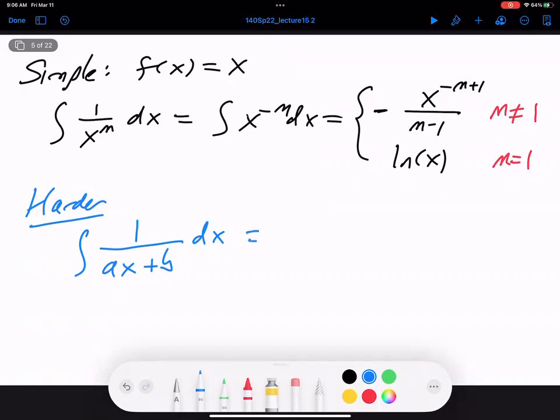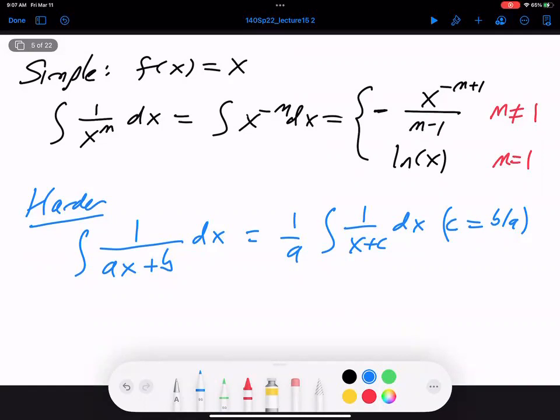I could write this as 1 over a, the integral of 1 over x plus c dx, where c is equal to b over a. So really, it's sufficient to figure out how to integrate something of the form 1 over x plus c, because if I had a coefficient in front of the x, I could just pull that out.